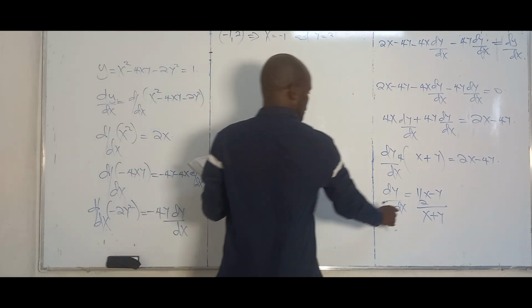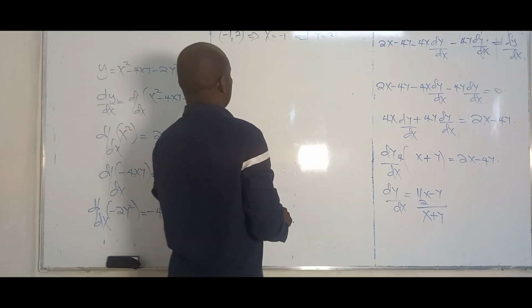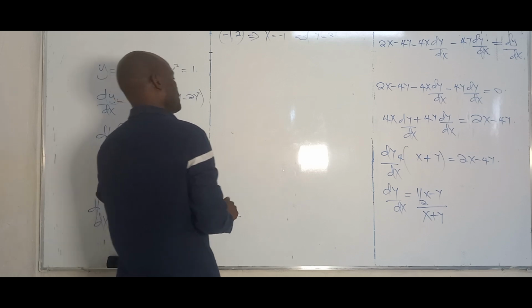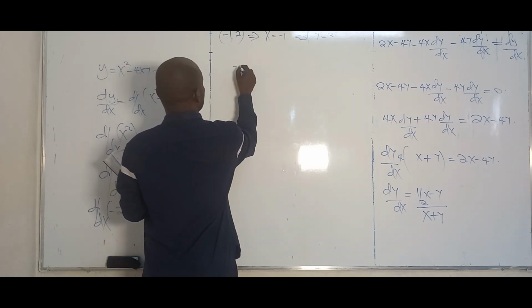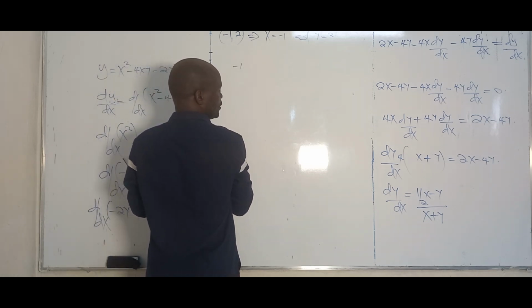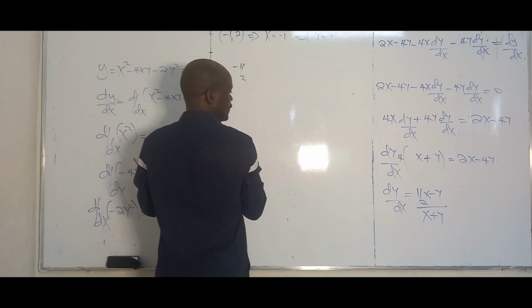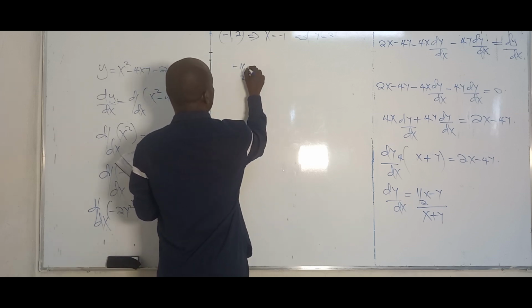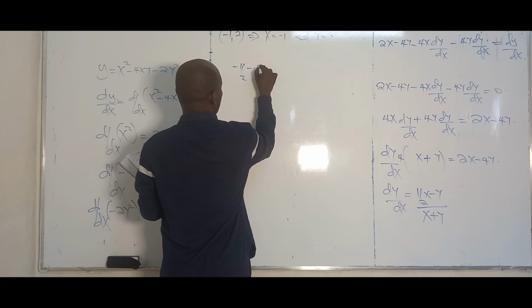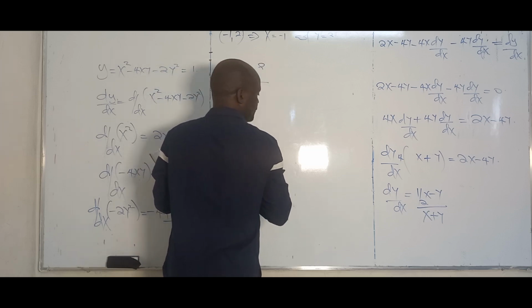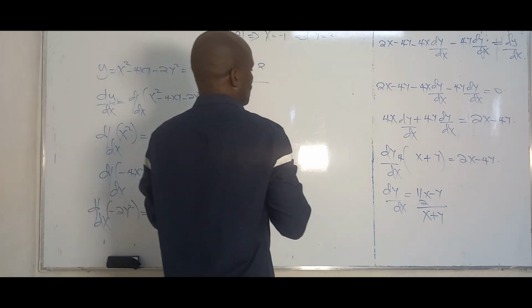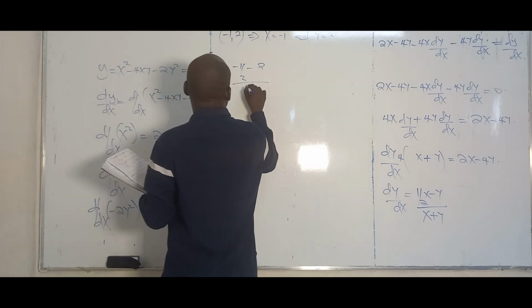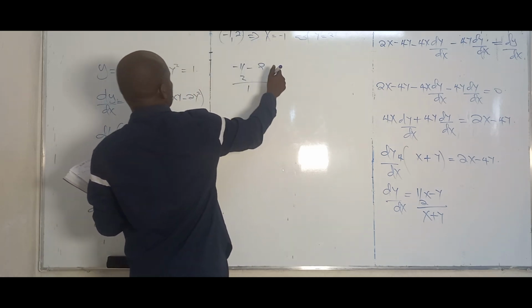So let's substitute those values here. For x -1, that will be -half, minus 2, all over 1, because it's 2 plus minus 1.